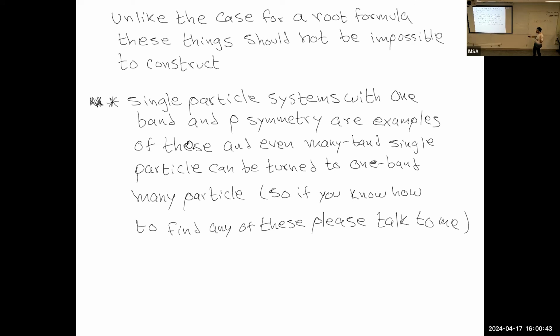So in fact, you can use a lot of single particle systems to construct these many body invariants. And if you show me some single particle system, then I should say, okay, we should try adding interactions which are translation invariant, and we should see that this invariant remains the same. Okay, so if you know how to do that for single particle cases, please let me know.